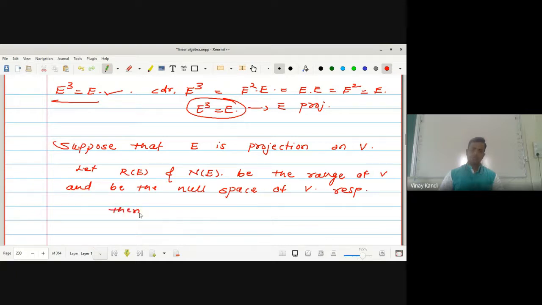Then what we have is V is equal to R of E direct sum null space of E.